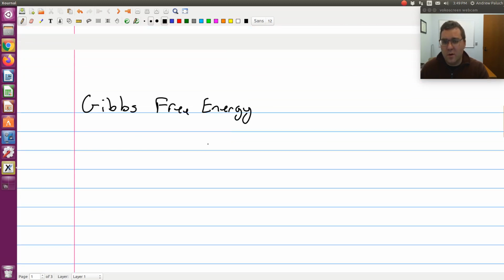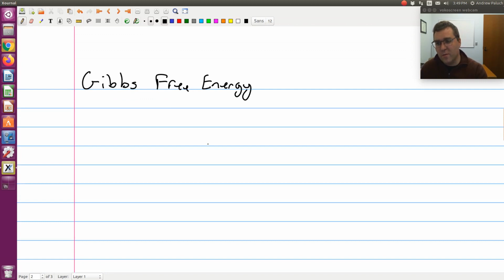So I could define G a number of ways, but G, my Gibbs free energy, is going to be our complete transformation. I'm going to define G as being equal to U. I want to switch the role of T and S, so that was a negative TS, and I want to switch the role of P and V, so that's a positive PV. Here's my definition of G, my Gibbs free energy.